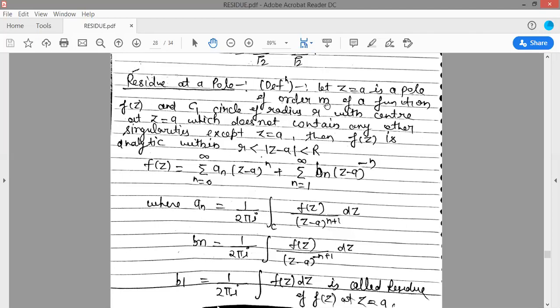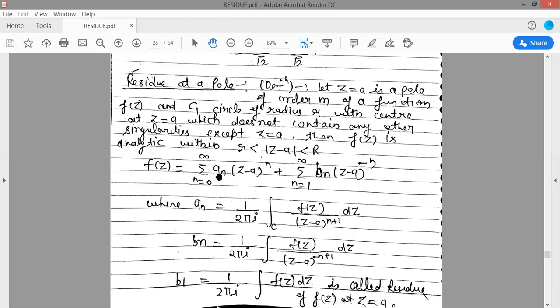So let me begin again. Let z equal to a be a pole of order m of a function f(z), and C1 a circle of radius r with center at z equal to a, which does not contain any other singularity except z equal to a.